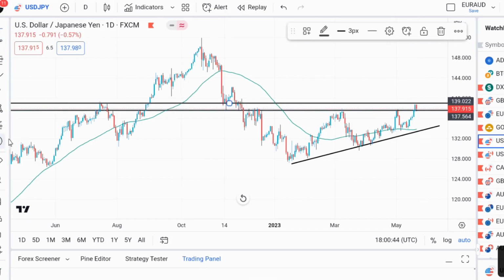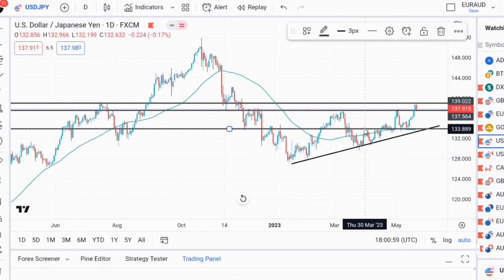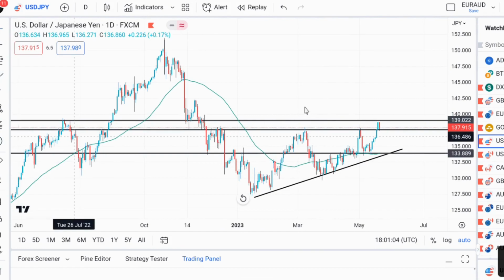If you see a bearish candle close on Monday, then we should see a move to this particular level right here. That is the trend line support level here. So if Monday candle closes bearish, then we should see a move to 133.889.